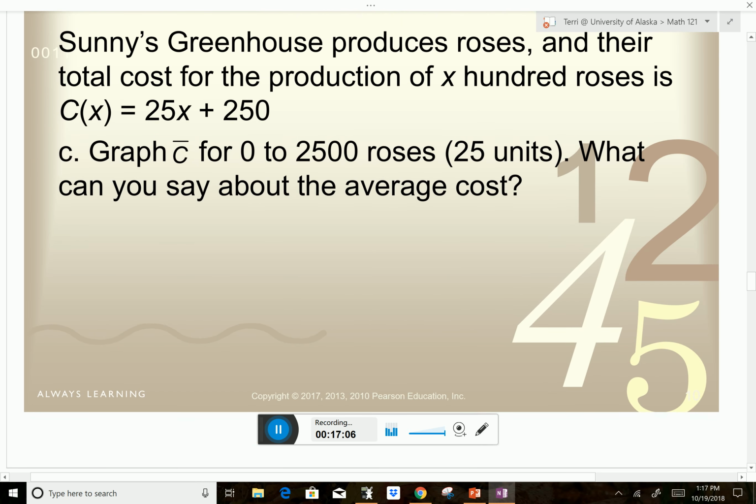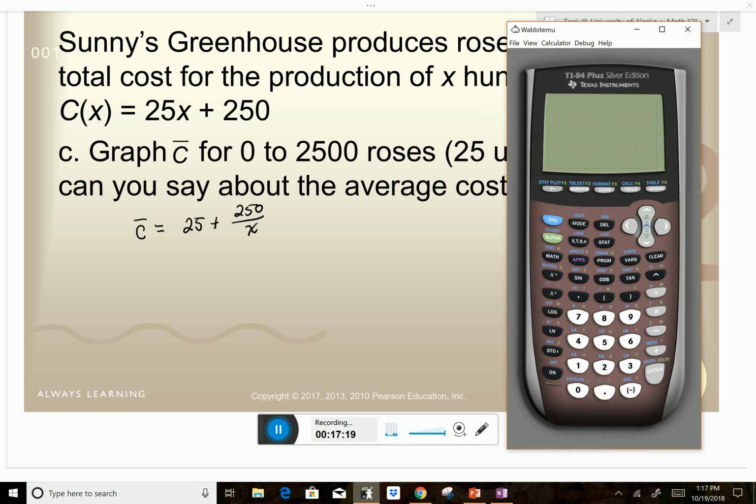So let's graph C bar for 0 to 2,500 roses. Let's remember our C bar was 25 plus 250 over x. So let's take a look at what that looks like. Let's go into our Y equals, clear these out, and go 25 plus 250 divided by x.